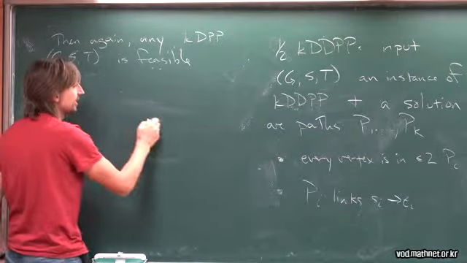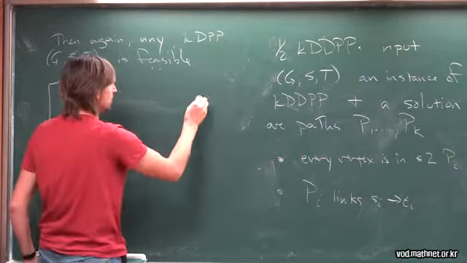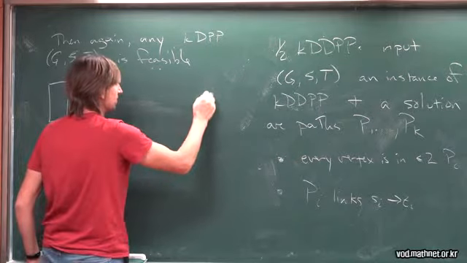So what is a K_{3K} minor, in case you haven't seen that before?